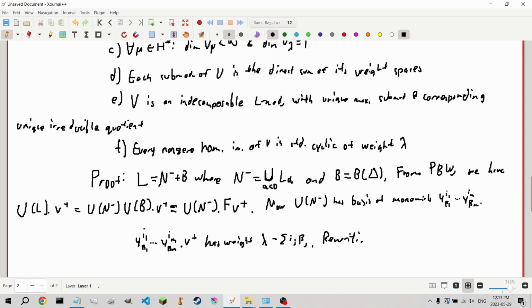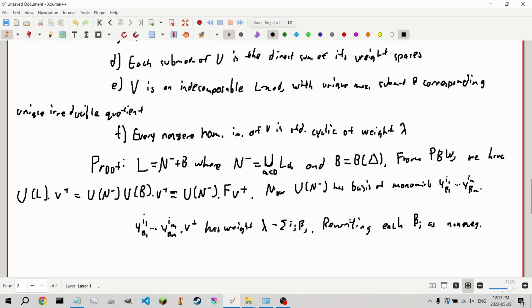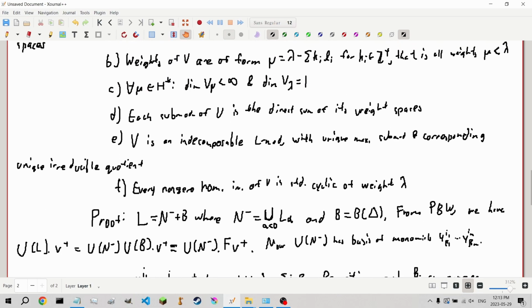Rewriting each beta_j as a non-negative integer linear combination of simple roots, we get part B here.